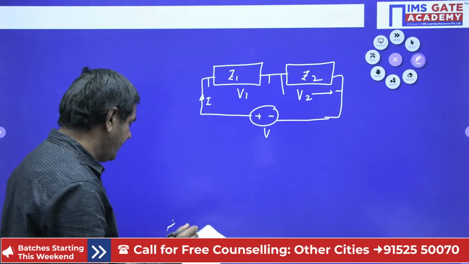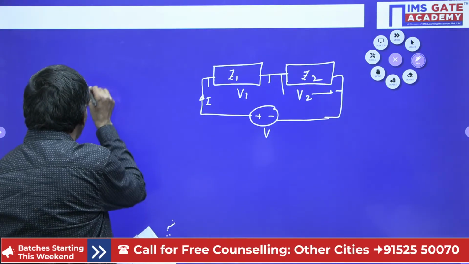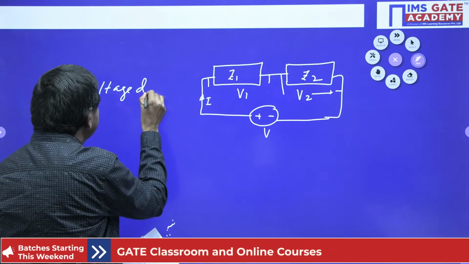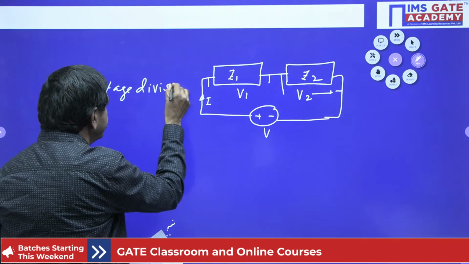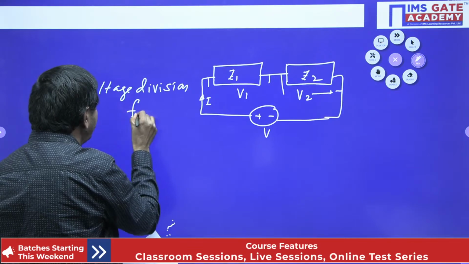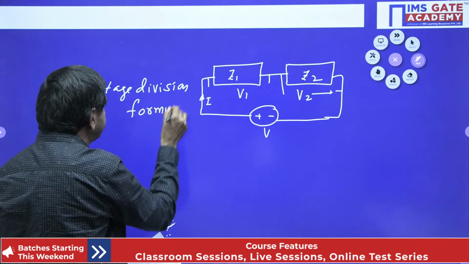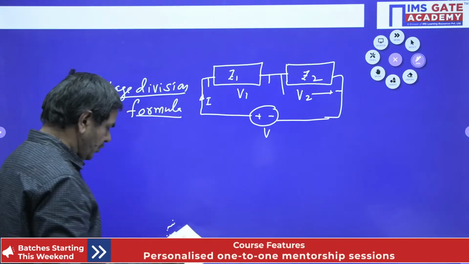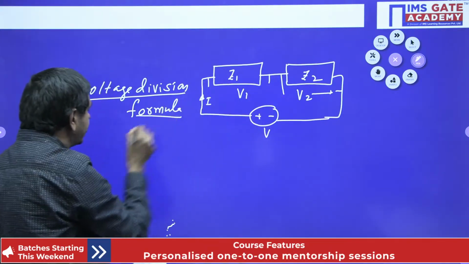Here I wish to apply the voltage division formula. How to write this formula? Suppose a resistor network is given.